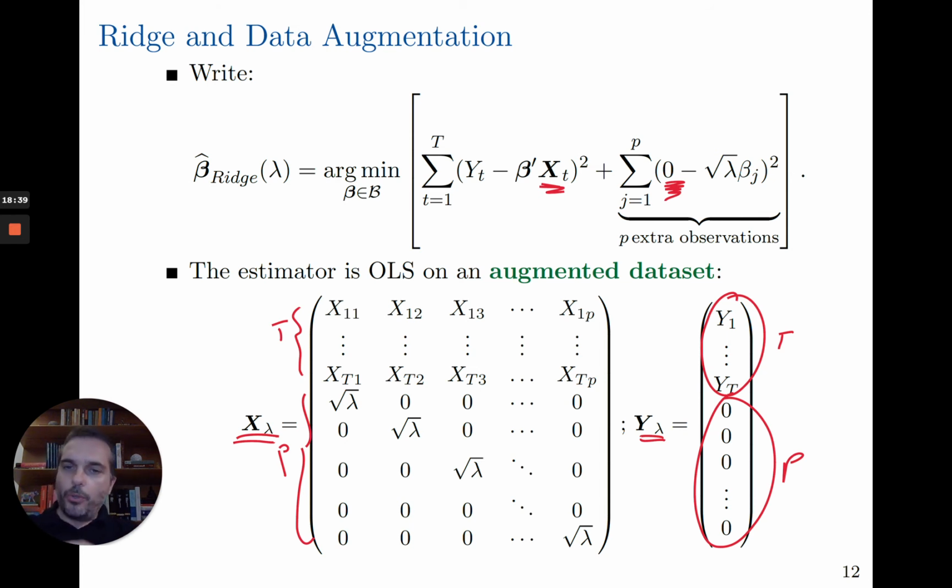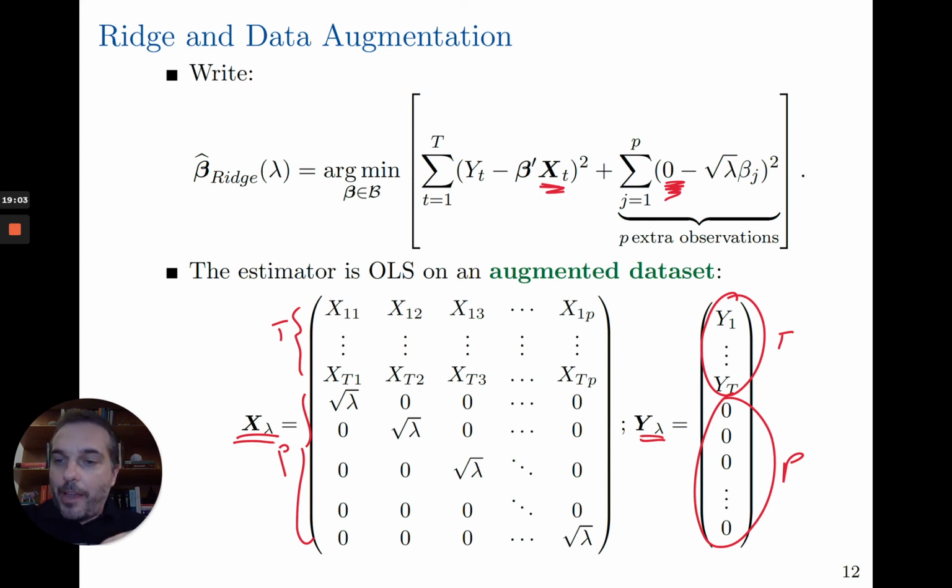Okay? So what we're doing with ridge is increasing the data set by p observations. So instead of having t observations, now we have t plus p. So we are guaranteed that in this augmented data set, we have more observations than variables.